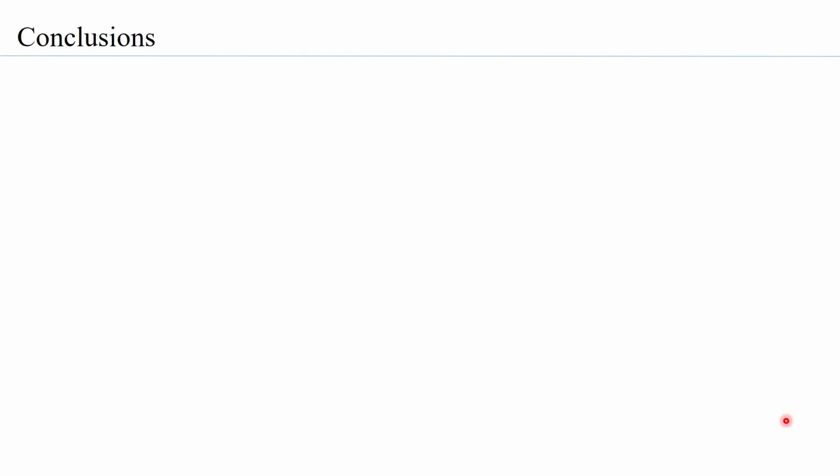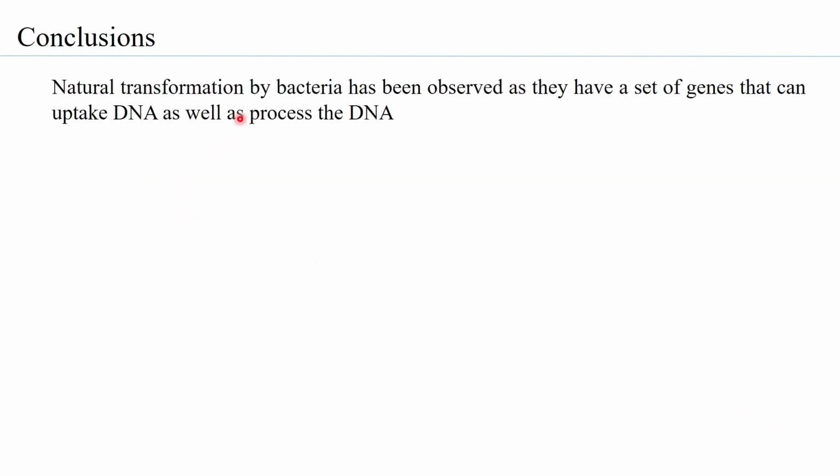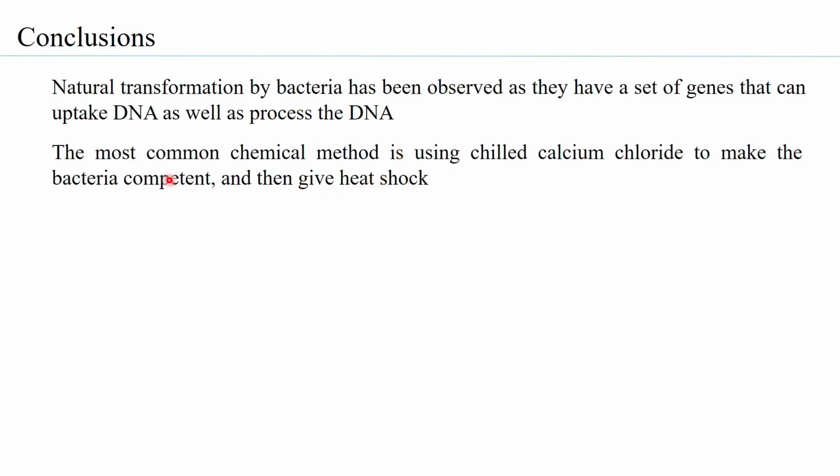So let us look at the conclusions. Natural transformation by bacteria has been observed as they have a set of genes that can uptake DNA as well as process the DNA. The most common chemical method is using chilled calcium chloride to make the bacteria competent, and once the bacteria is competent, then give a heat shock to ensure that pores are formed, and through the pores the DNA is taken up.